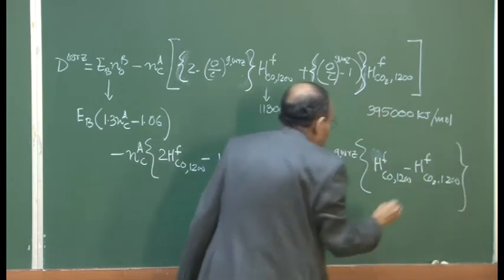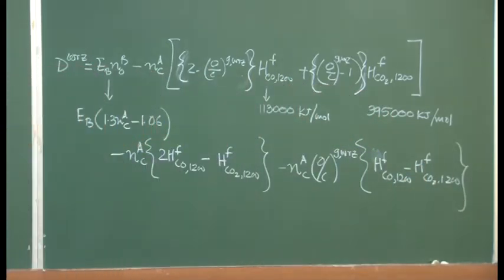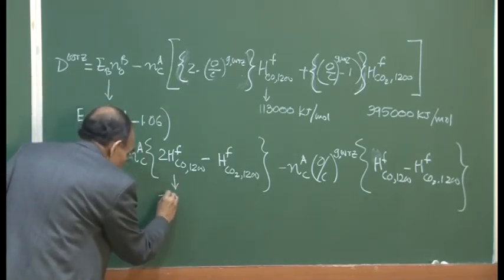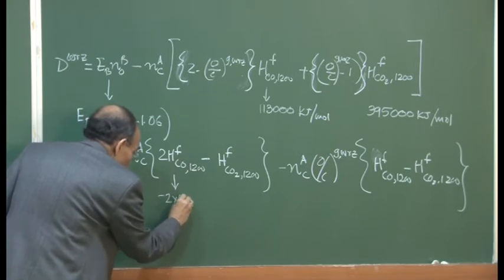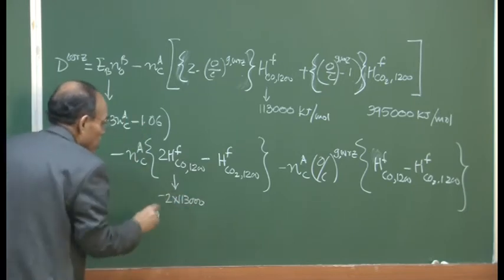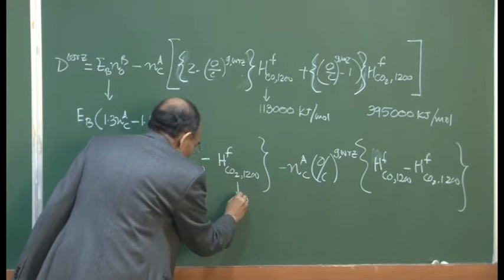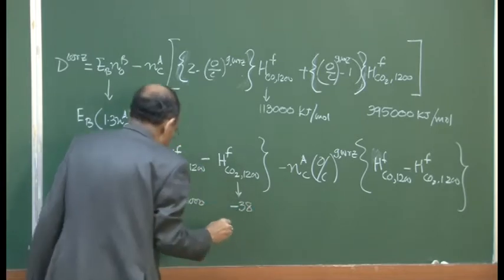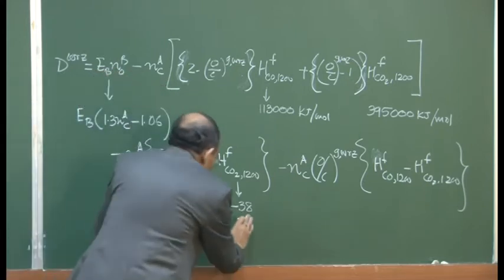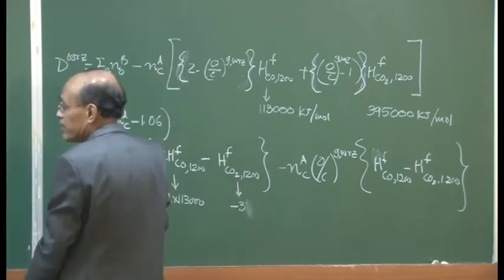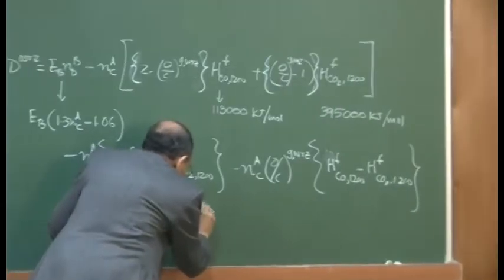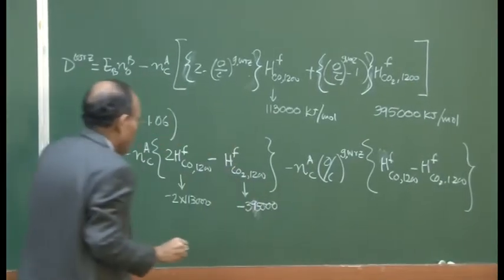That is the value that we are going to see. And if you remember that this value is going to be now 2 into minus 113,000. This value is going to be minus 395,000, I have written it here somewhere, I think maybe I have erased it, 395,000 kilojoules. These are all kilojoules per mole.